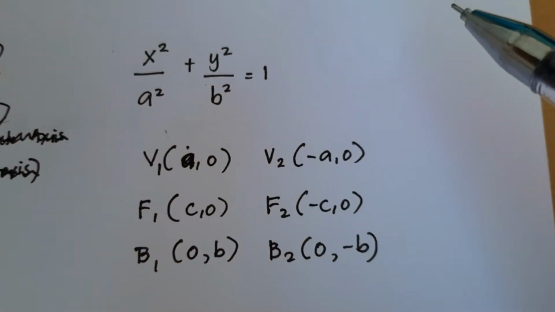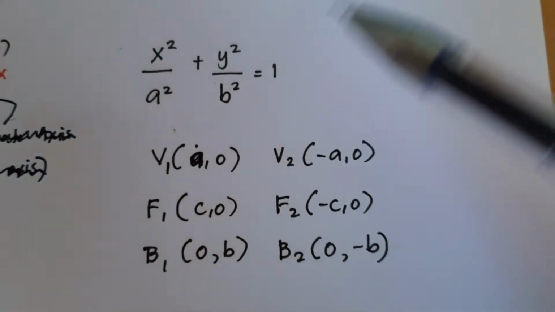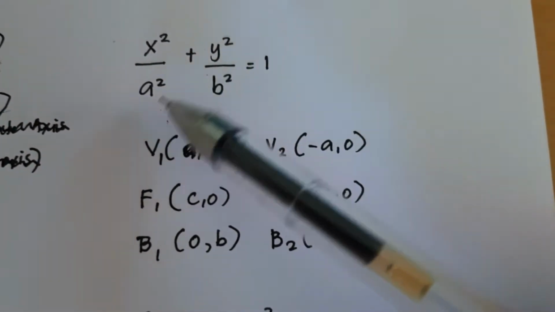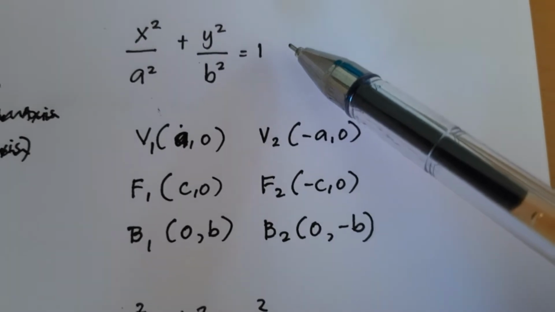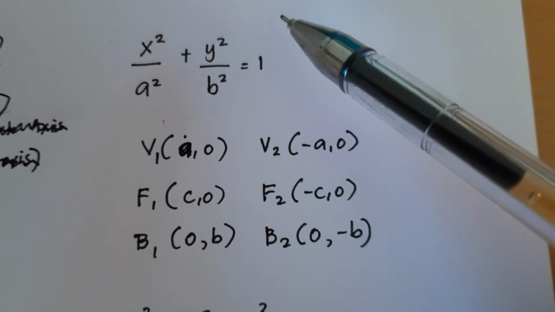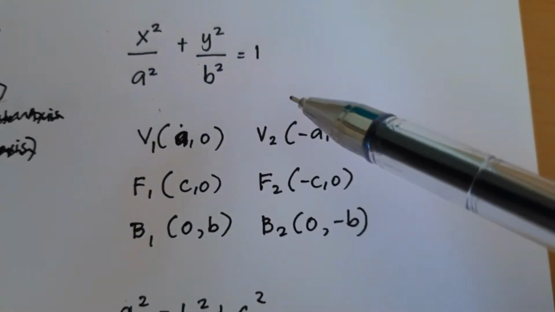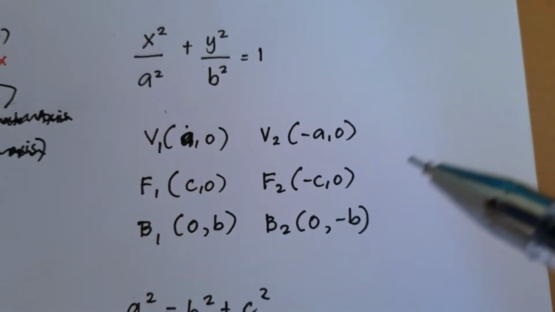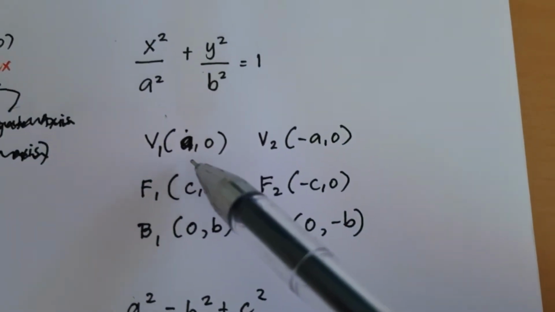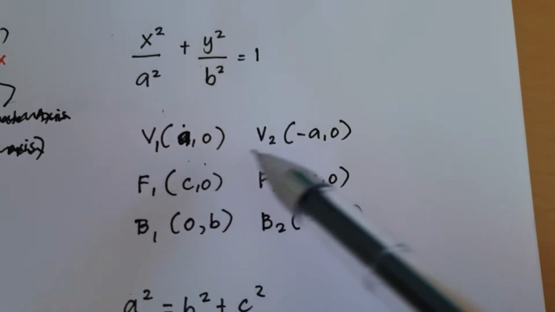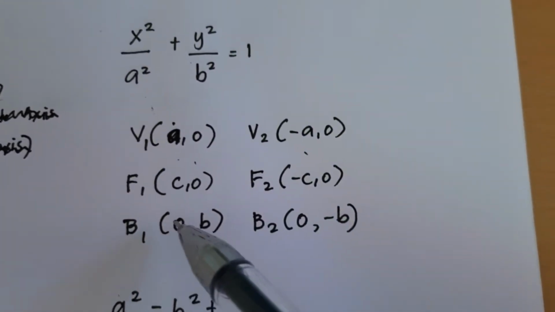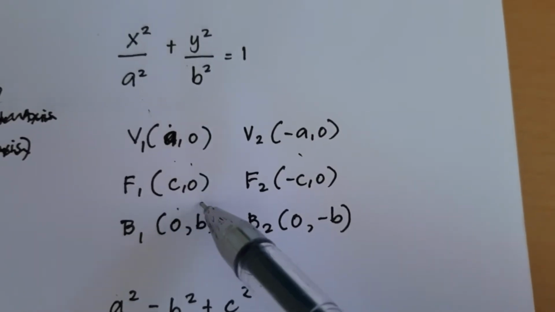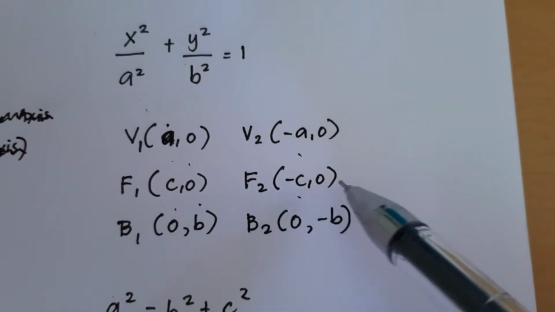So the standard form of the equation of an ellipse is x squared over a squared plus y squared over b squared is equal to 1. Kapag ang principal axis mo ay ang x-axis, the vertices would be at (a, 0) and (negative a, 0). The foci would be at (c, 0) and (negative c, 0).